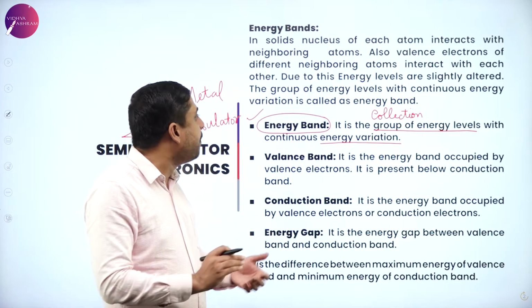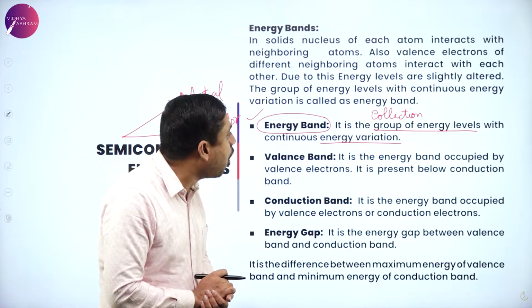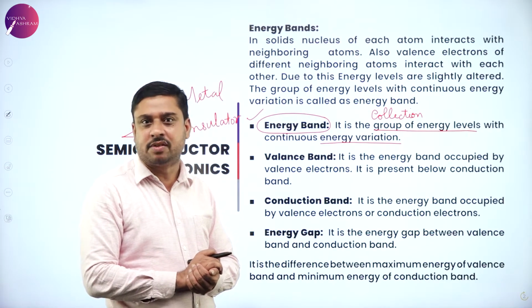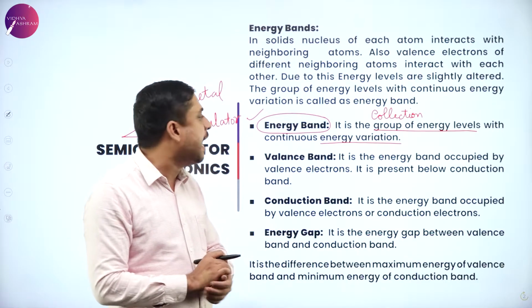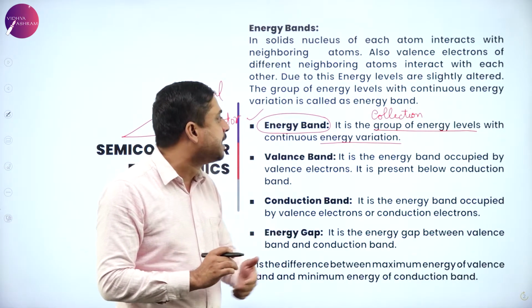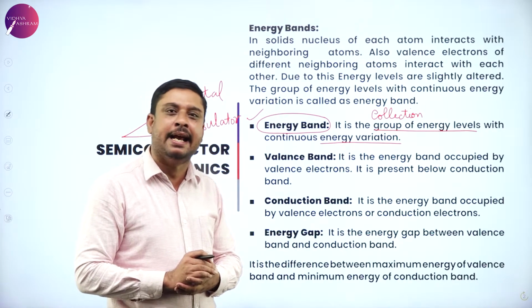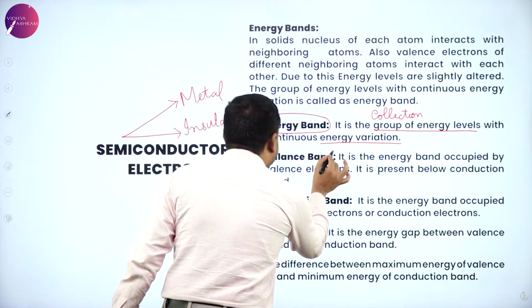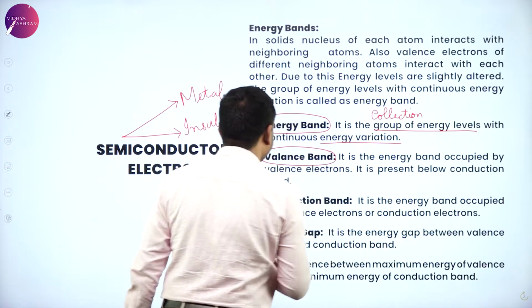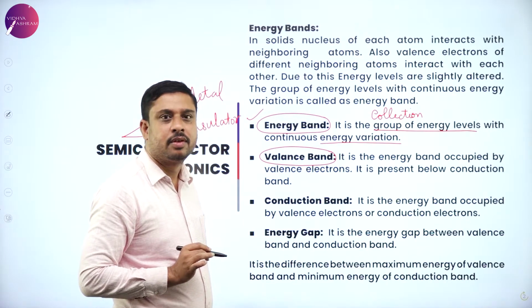So energy band is a collection of energy levels, group of energy levels with continuous variation in energy. Now, the next one is the valence band.